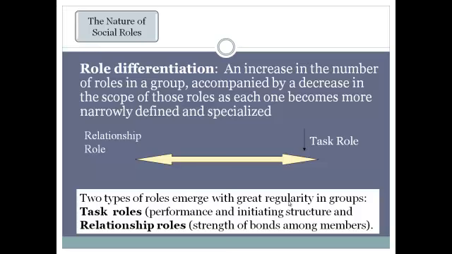On a team, you may also have somebody who will motivate the rest of the players, get everybody excited, get everybody focused, and get everybody's spirits up. That might be more of a relationship role, keeping everybody happy, maybe preventing infighting. So in a group, you have roles involved in both dealing with the task and dealing with relationships among the members.